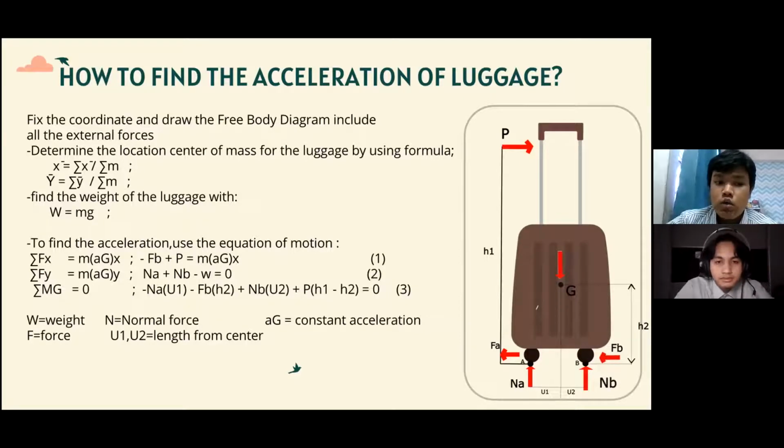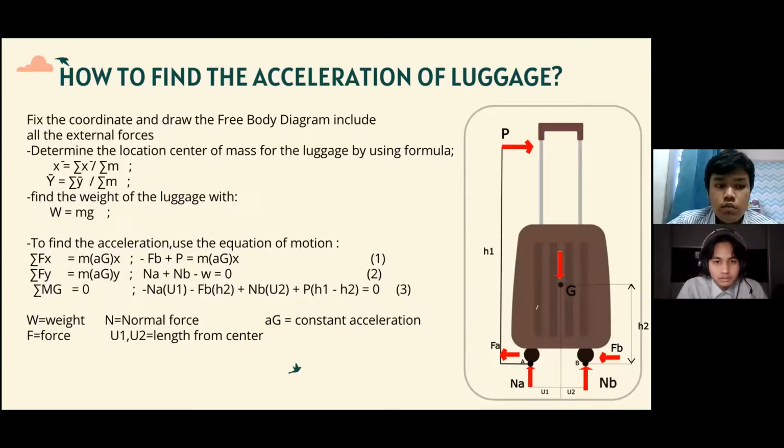The second equation will be force Fy equals mass times the constant acceleration of y. In the luggage case, the equation will be normal force A plus normal force B minus W equals 0. 0 meaning the value of 0, because theoretically the force acts on x, meaning that there will be no constant acceleration on the y axis.